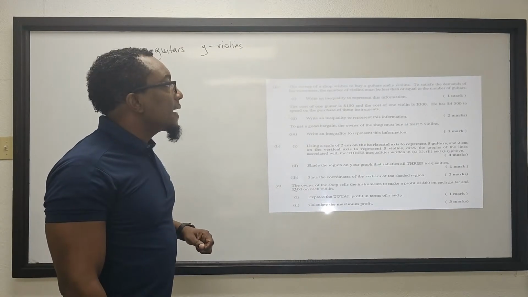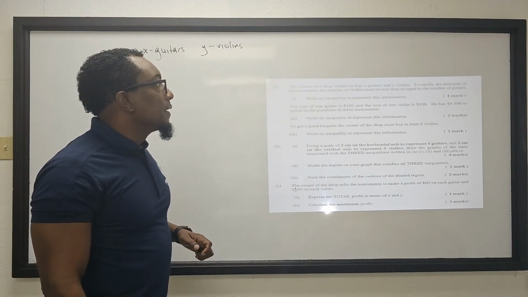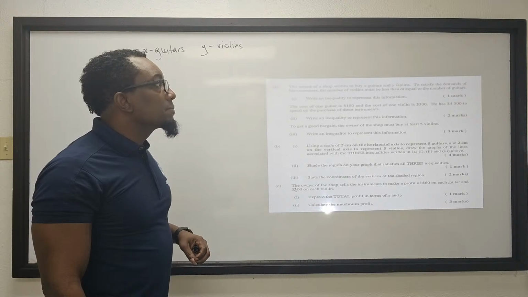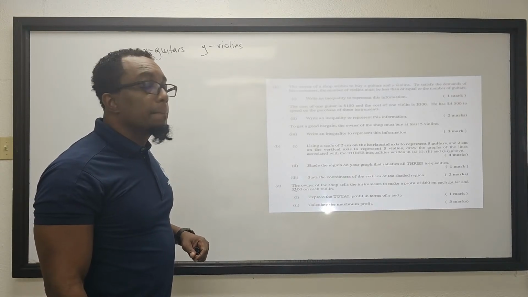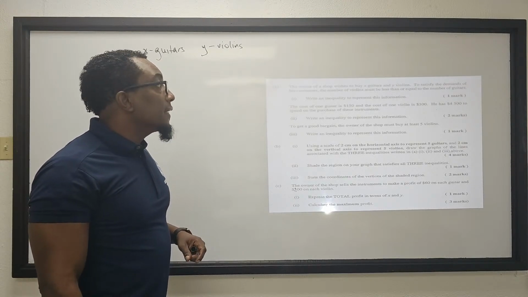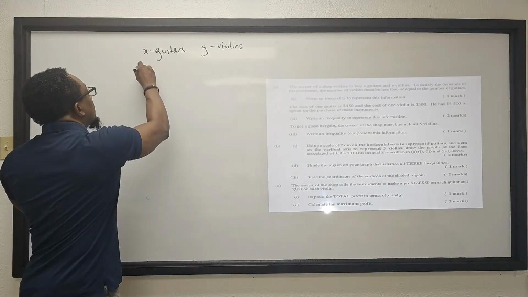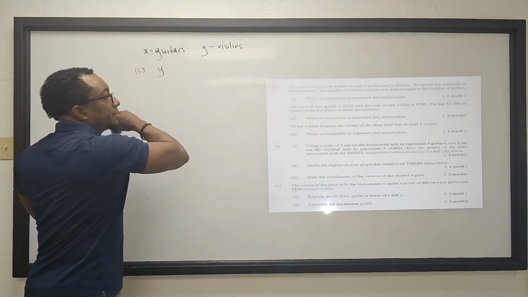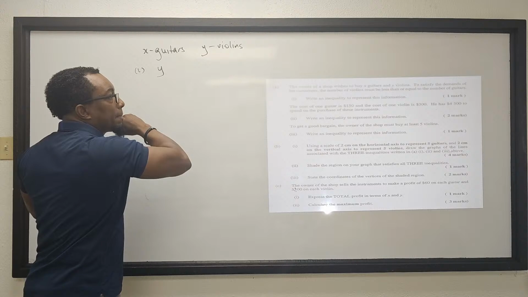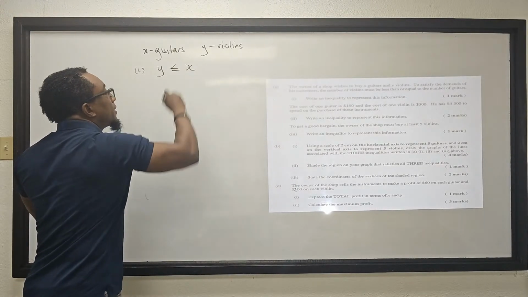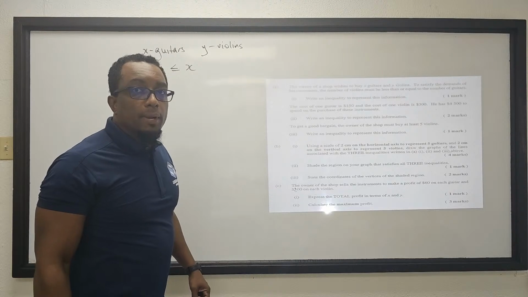To satisfy the demands of his customers, the number of violins must be less than or equal to the number of guitars. Write an inequality to represent this information. So the number of violins, which is y, must be less than or equal to the number of guitars. So that's our first inequality.